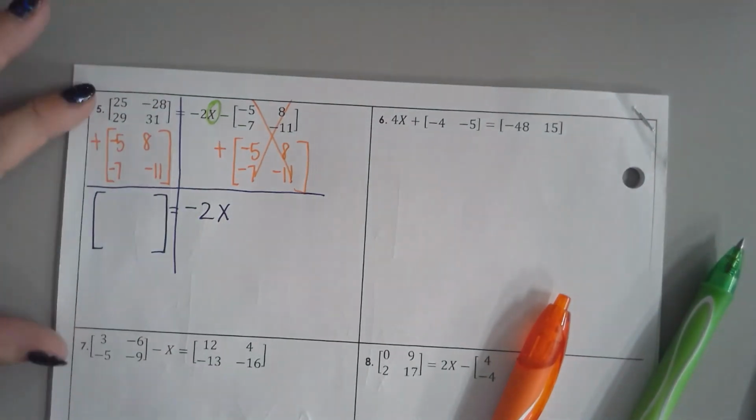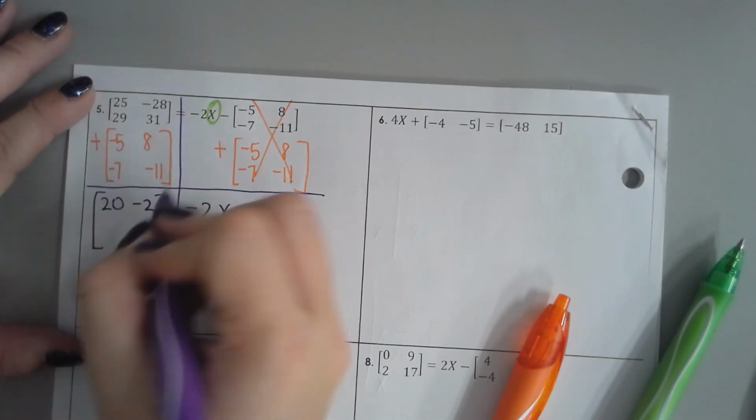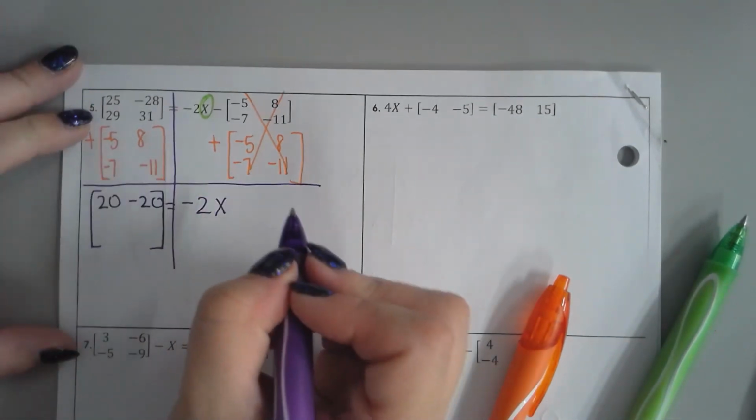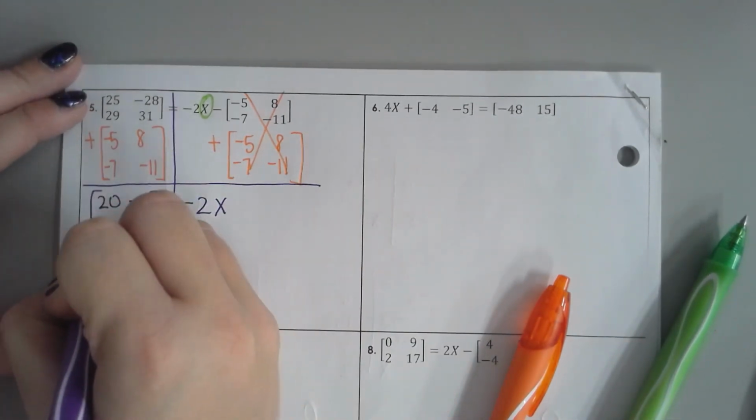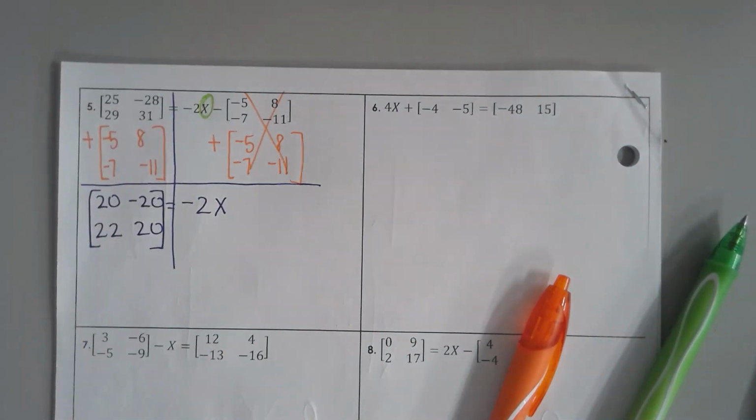So when I add, I get 20, negative 20, 22, and 20. You can type that in your calculator if you want.